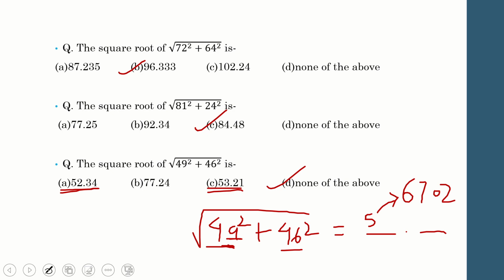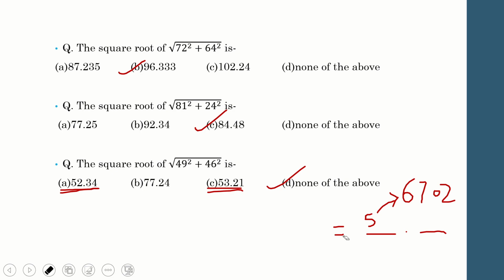But if you take the second digit like 7, 8, 9, it is out of the limit.